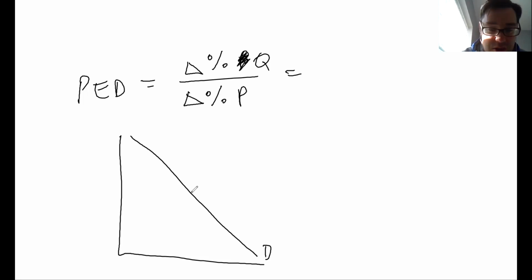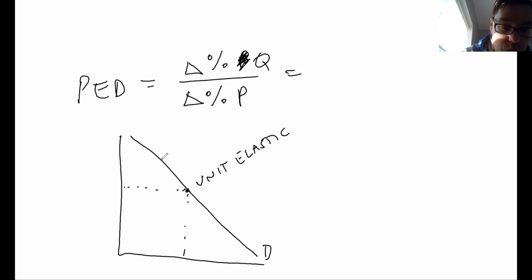Let's draw our midpoint here, where this would essentially draw a square. That would be where they were equal. And close to that point, the change, if you went one way or the other, would be something close to the same in either case. And so this part of the curve is unit elastic.